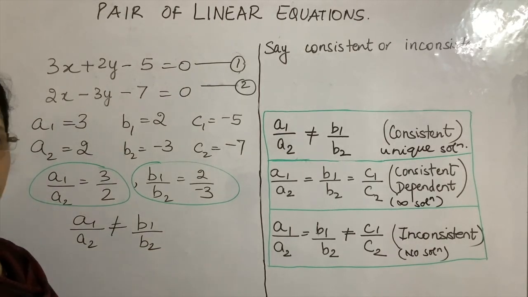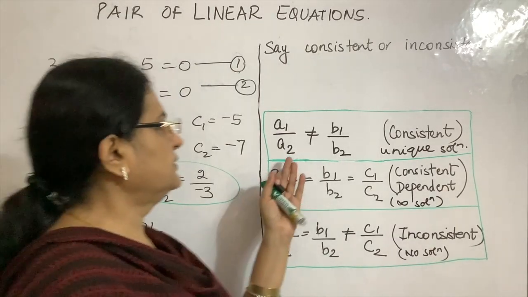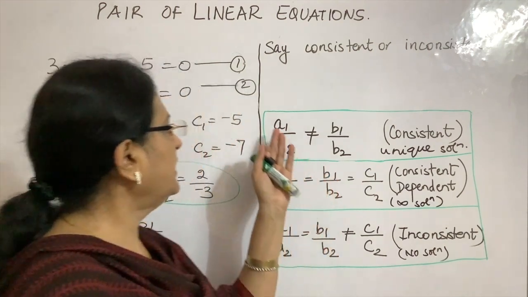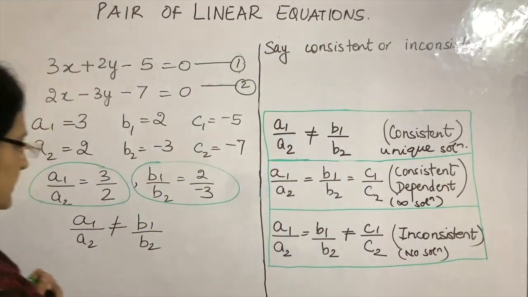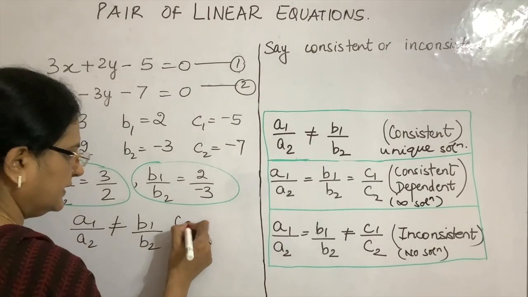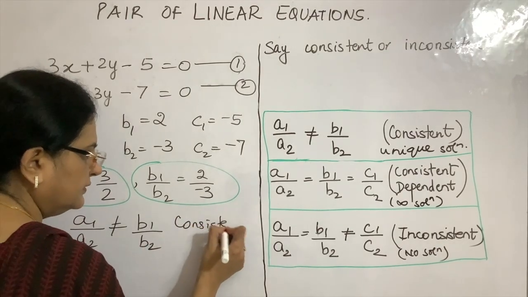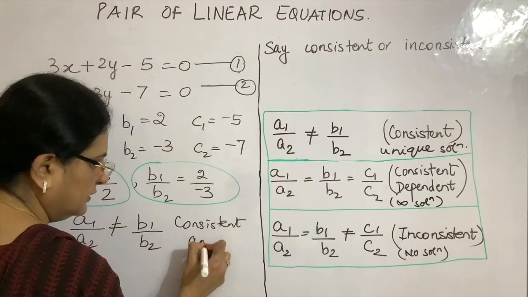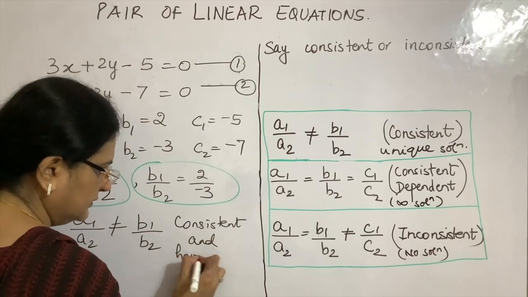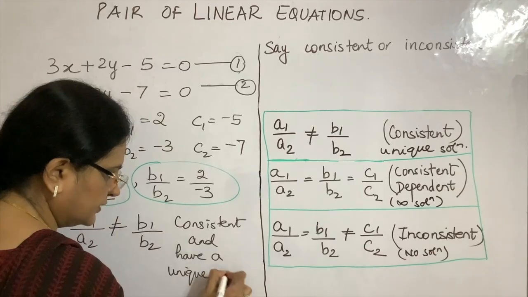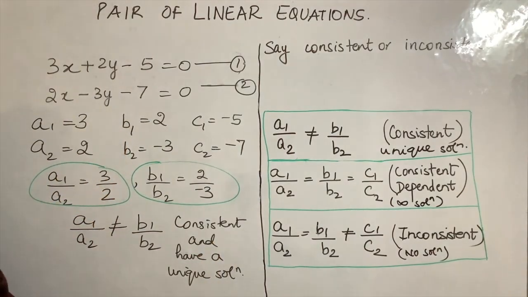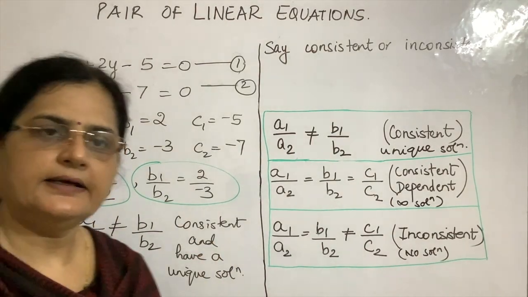You have come to this conclusion. Now let us go back to the table which you have already memorized. A1 upon A2 is not equal to B1 upon B2. That means the equations are consistent and will have a unique solution. You can also say that the lines are intersecting.